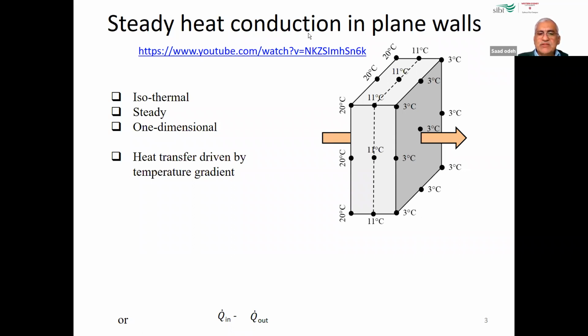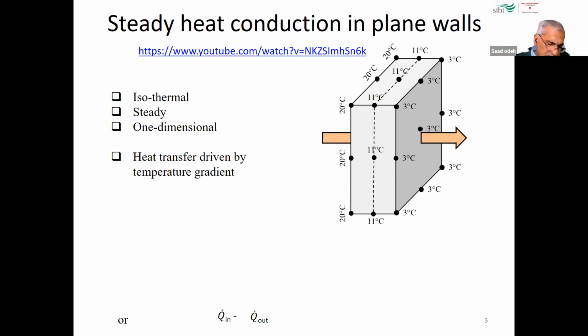So let's go back to the principle of heat transfer by conduction, which we did last week, just to try to remember again how the heat transfer from one side to the other takes place. So, for example, we have this wall, as you can see, and there are two sides of the wall.